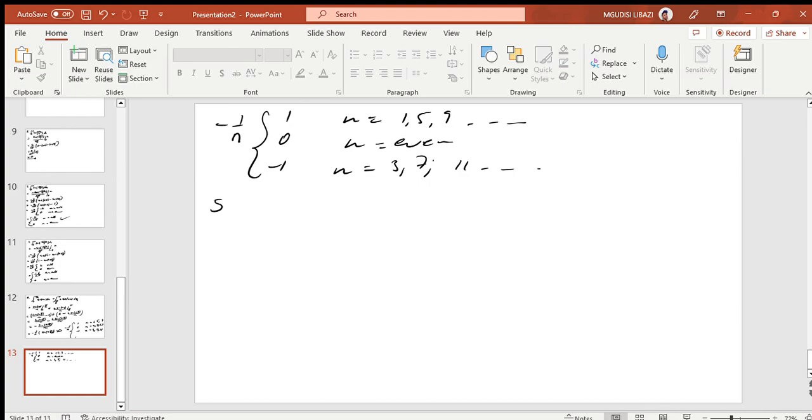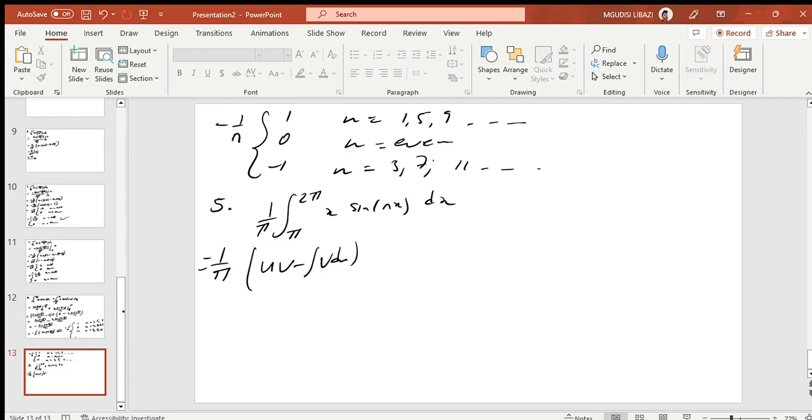So the other problem, the last problem, we have 1 over pi, integral from pi to 2 pi, of x sine of nx dx. We can use integration by parts here. Say 1 over pi, into uv minus the integral of v du.